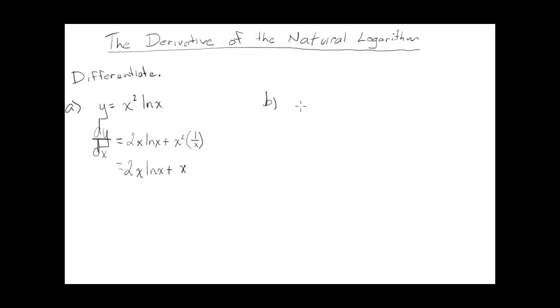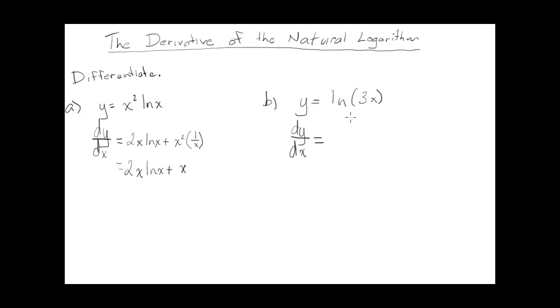Second function, y equals natural logarithm of, say, 3x. So here, we have to use a chain rule because we have a function 3x inside another function, which is the natural logarithm function. So the rule for the chain rule is you take the derivative of the outside function, the natural logarithm.